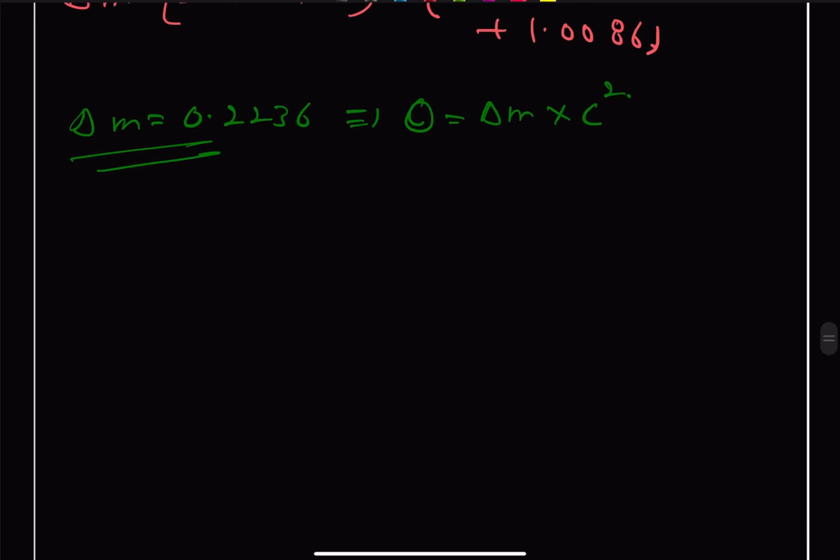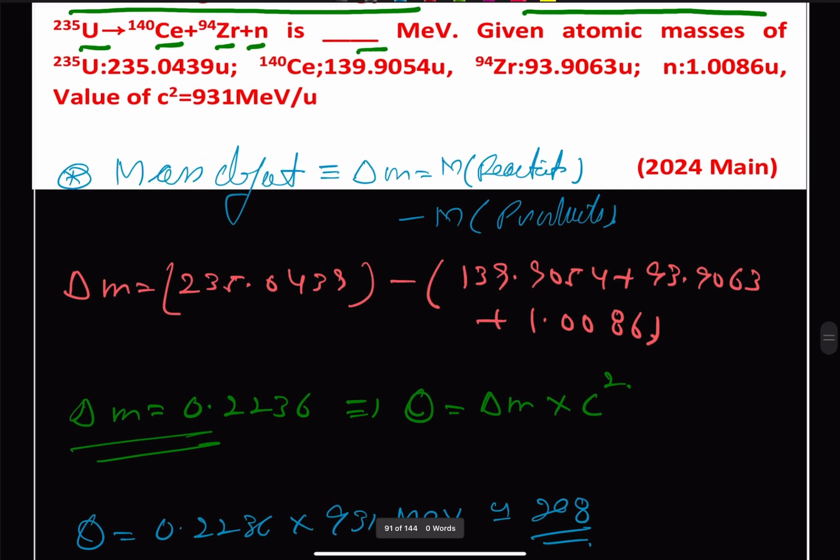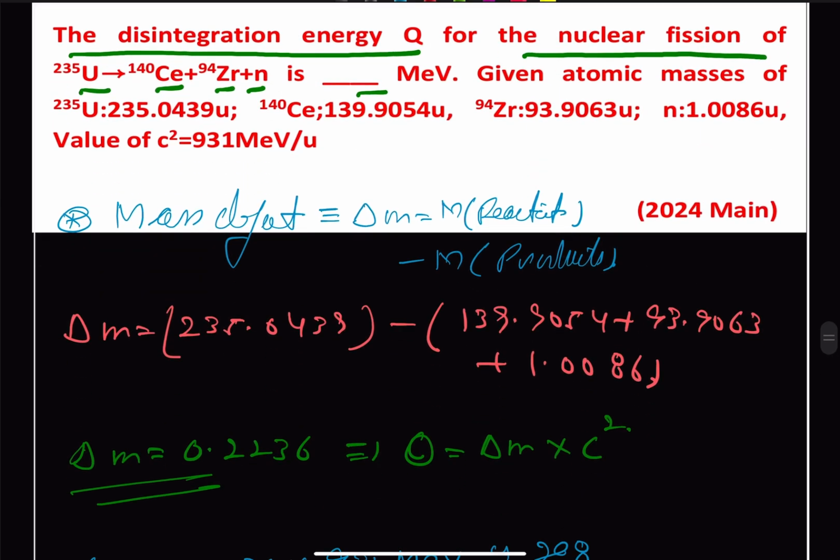So we get Q is equal to 0.2236 times C square, which is given to us as 3.1 mega electron volt, approximately 208. So we get this as 208. Next question.